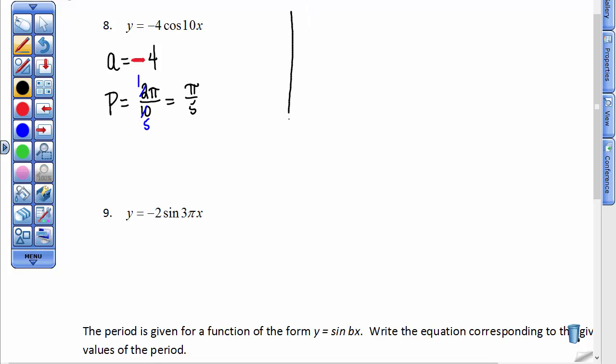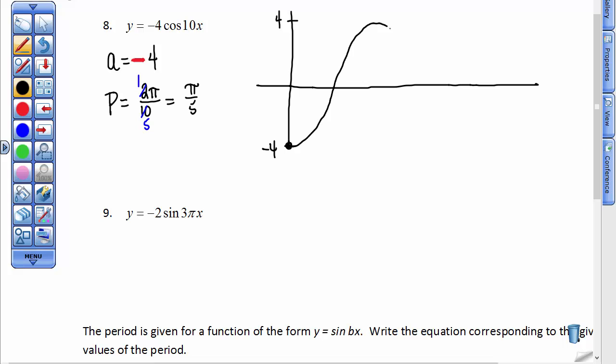Let's go ahead and draw this cosine curve. So a cosine curve normally starts up here at 4. But this curve is going to start down here at -4. And then just go ahead and draw the curve itself, and then come back in and put your quarter points in.